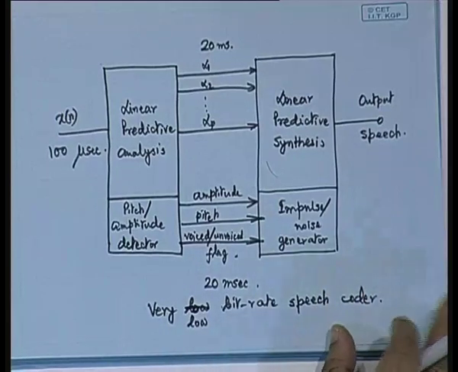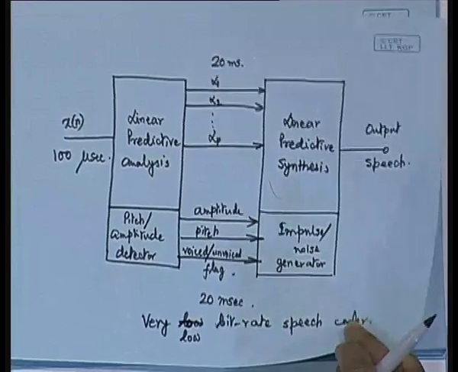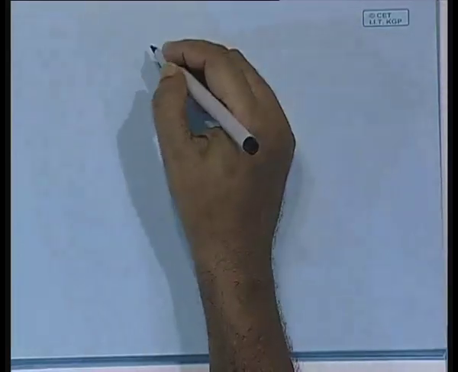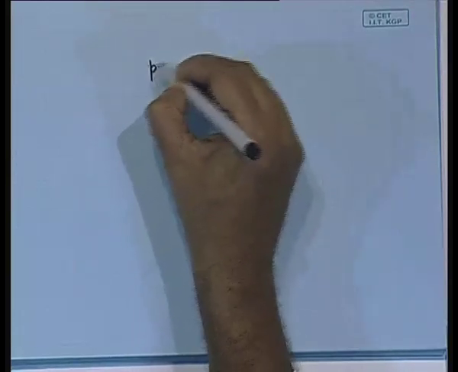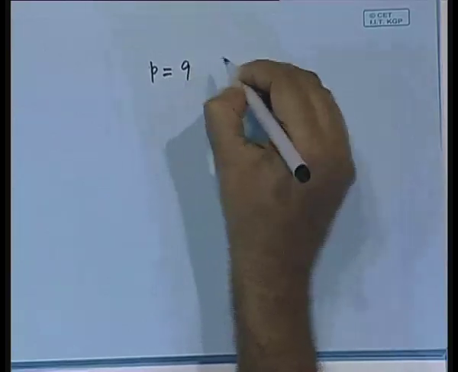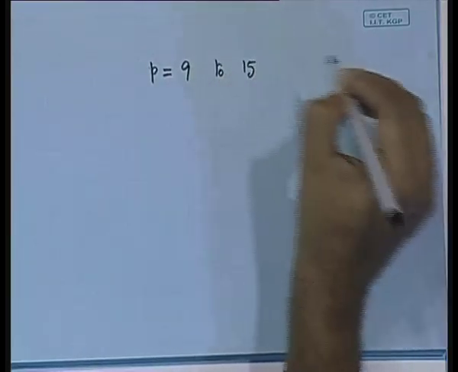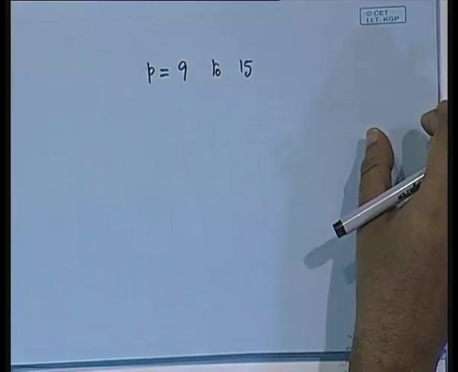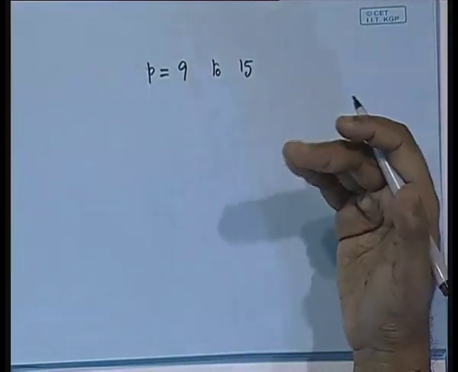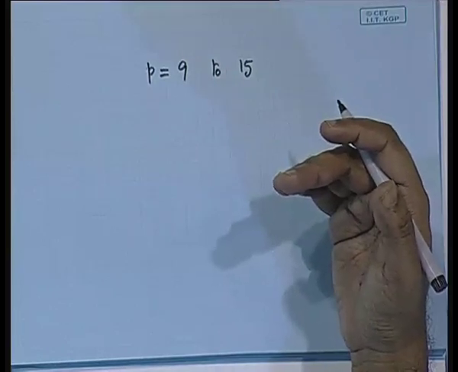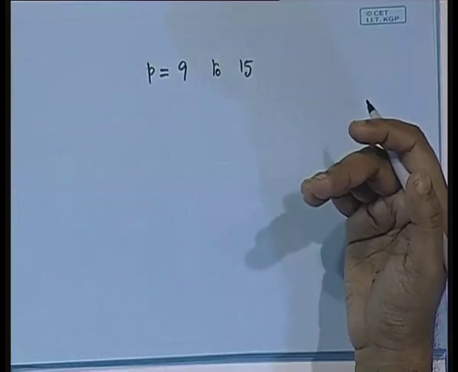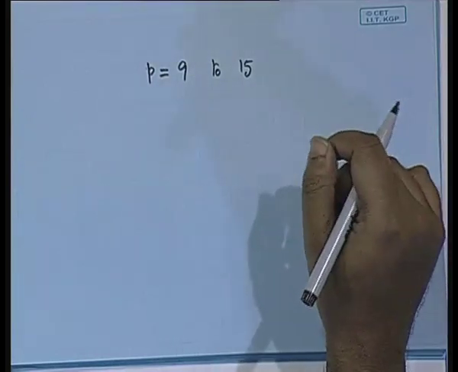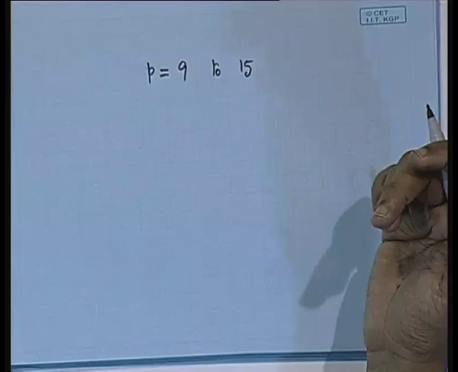A practical linear predictive filter also has some limited order, and the practical values of P will be between 9 to 15. For P equal to 9, 4 formant frequencies have to be chosen, and for P equal to 15, 7 formant frequencies are to be chosen.